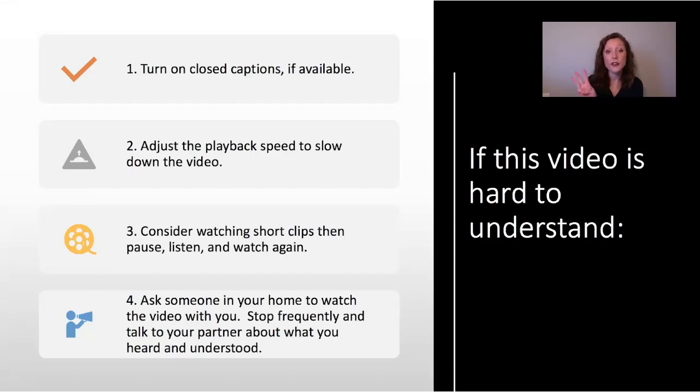The third thing you can do is to consider watching just short pieces, to pause it, to listen, and then to watch again. And the fourth thing you can do today, which is always a great idea, is to ask someone in your home to watch the video with you. You're going to stop frequently and talk to your partner about what you heard and understood.